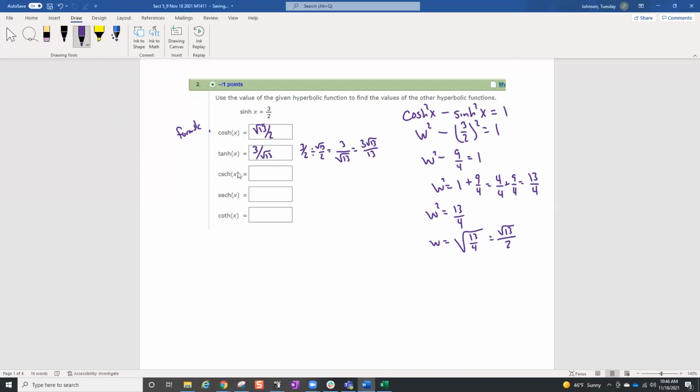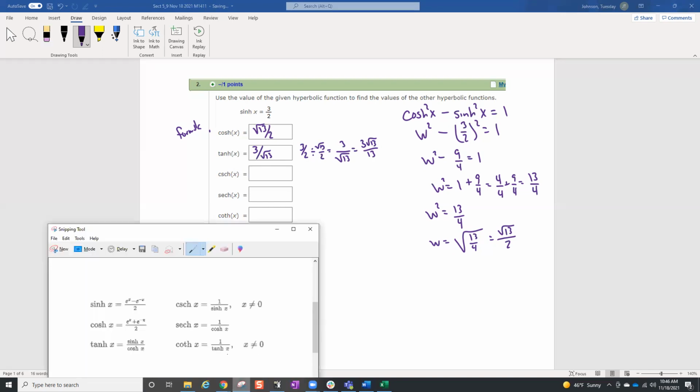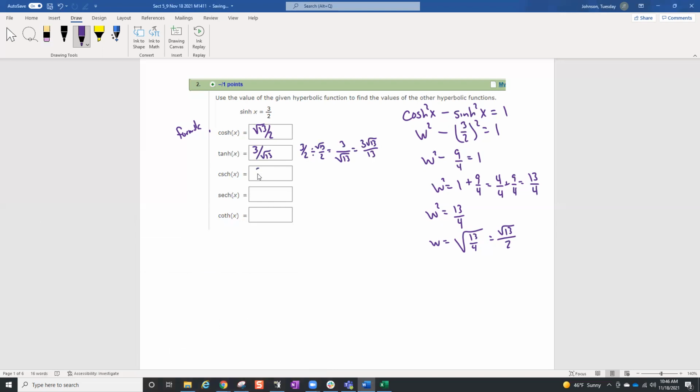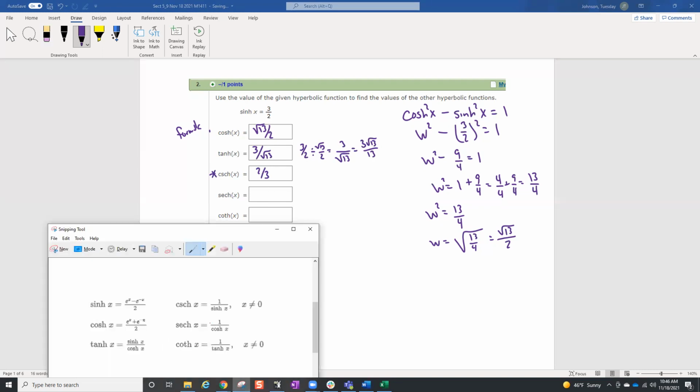Hyperbolic cosecant. Oh, but remember, cosecant is the reciprocal of sine. That's going to be our easiest one. That's 2/3. Do not miss this one. If you miss the rest of them, we'll deal with it, but don't miss that one. Hyperbolic secant is the reciprocal of cosine.